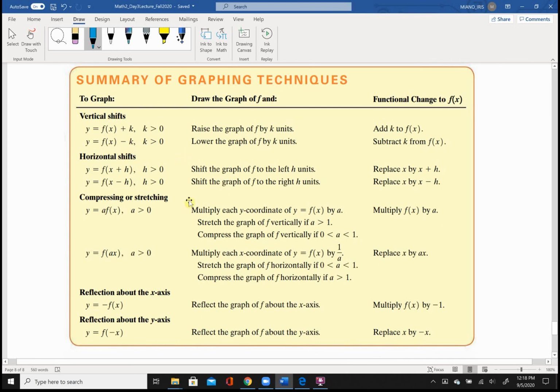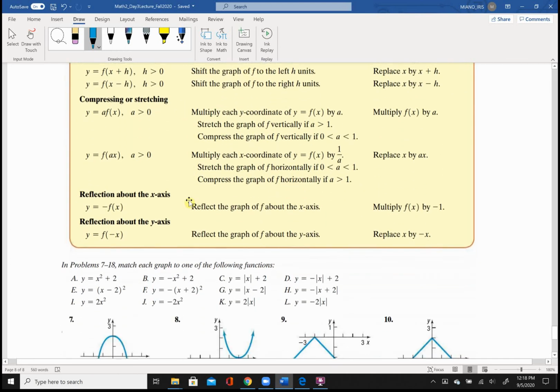Now, compressing and stretching can be a little bit counterintuitive as well. If you have a being multiplied directly on the function output or on the function input, then you're going to be doing the opposite things here.